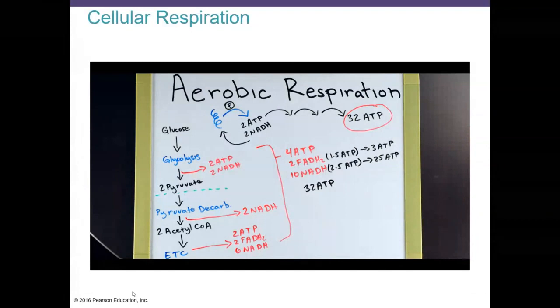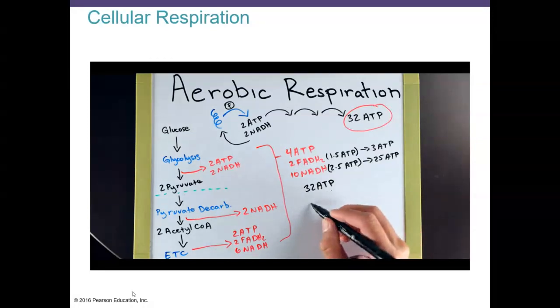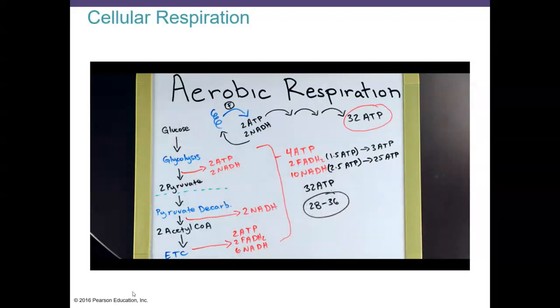Now, depending on the textbook and the actual processes that the bacteria go through, this number can vary, but you can expect it to be anywhere in the realm of 28 to 36. Because this is a microbiology class and not a biochemistry class, I really think it would be extremely cruel for your teachers to give you something like, how many ATP is created at the end of the electron transport chain?